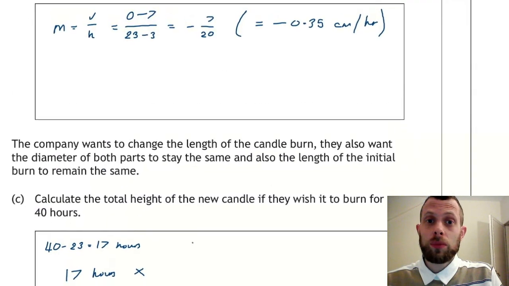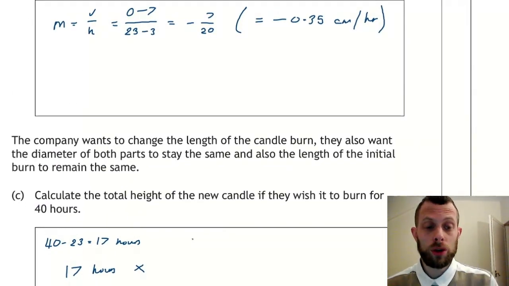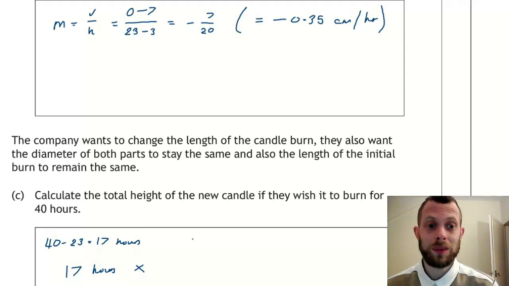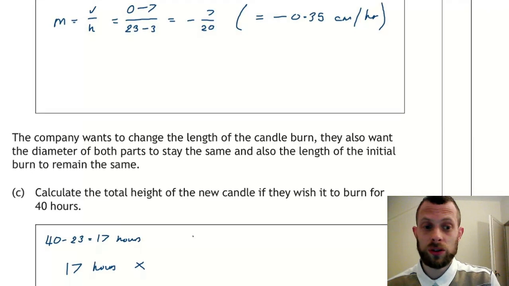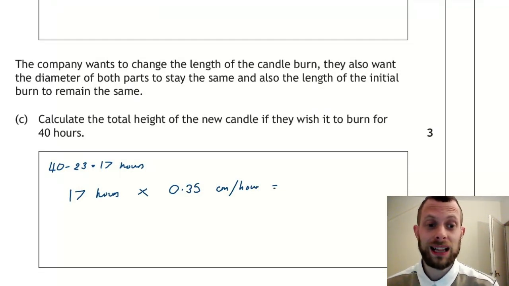Let's look at the answer to part B, 0.35 centimeters per hour. So in 1 hour, it decreases by 0.35 centimeters. How much would it need to decrease by in 17 hours? Well, we'll do 17 hours times 0.35 centimeters per hour. And this is a standard rate calculation.